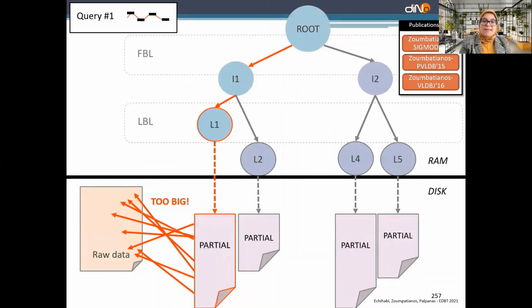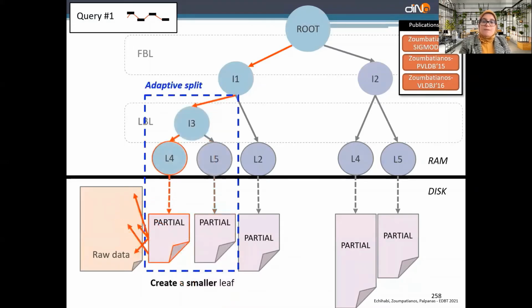This slide shows the ADS index when it has finished the first phase and is ready to answer queries. You can see that the leaves are large and they point to the raw data in the original file on disk, which permits the index to finish this phase quickly. In order to answer the query fast, the splits are further done on the leaf that is needed by the query until the leaf becomes small enough and the cost for reading it is minimized.